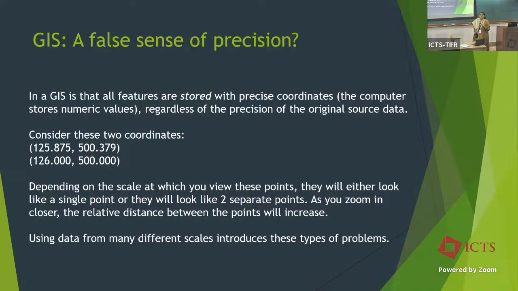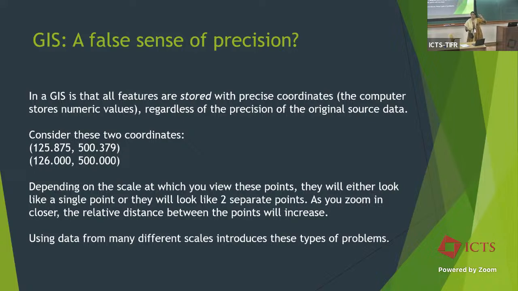The problem with GIS, because it has this fluid scale, you can zoom in, you can zoom out, it nicely shows you one layer on top of the other, is that it gives you a false sense of precision. All features are stored with precise coordinates, right? The computer stores some numeric value of the X and the Y, regardless of the precision of the original data source.